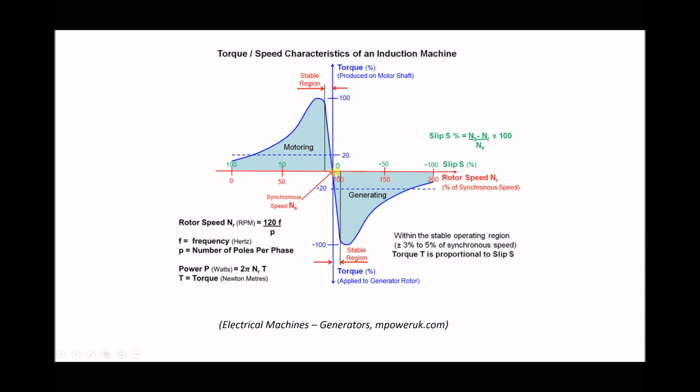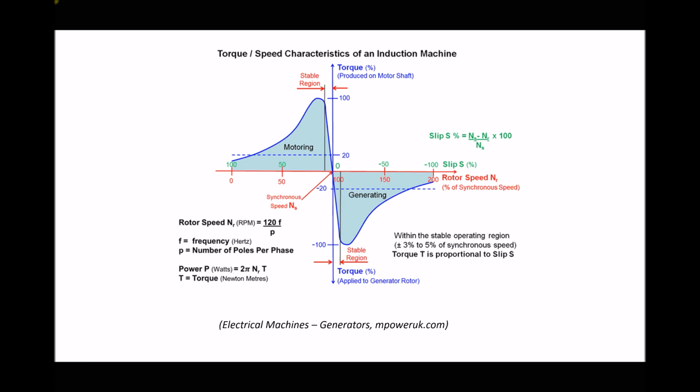Now at 1500 RPM, the machine is neither motoring because the speed's too high to motor, and it's also not generating because the speed's too low to generate. In effect, it's idling along and it's neither producing nor consuming electricity. In reality, that wouldn't be the case because of friction and so on, but let's assume that we're idling along at 1500 RPM and we're neither producing nor absorbing electricity.